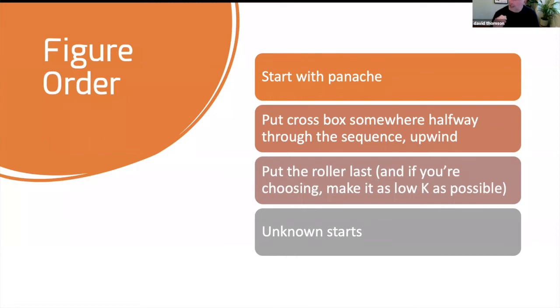One is I can exactly control my start height and speed, so I can dive in from 3,000 feet and pull out at 1,000 feet and know exactly what speed I'll be doing. And whilst I'm on my way down, I can get a really, really good look at the box.